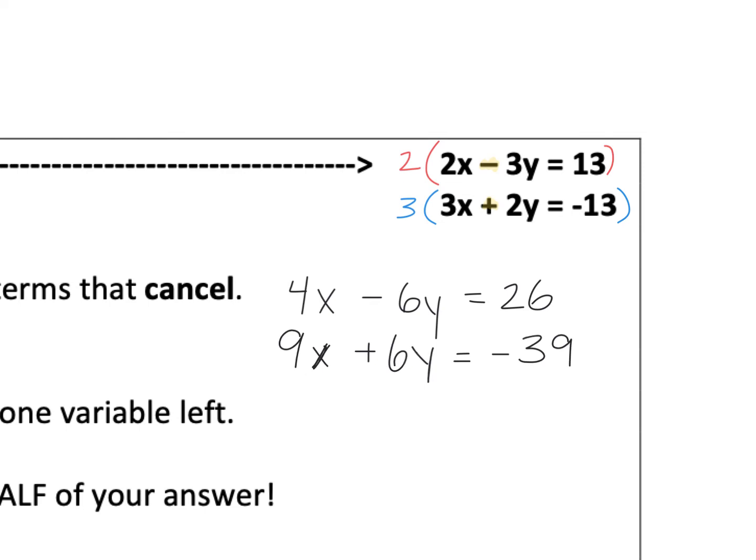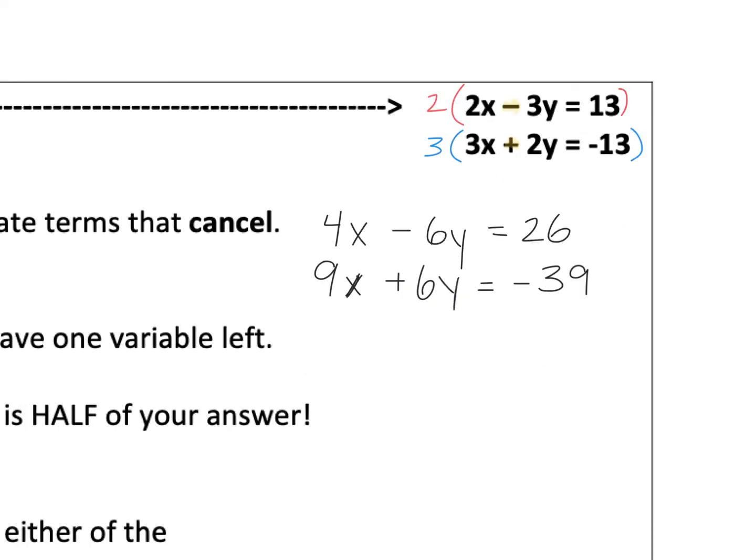So I multiply the top equation, and if I add up these two equations now, what happens to my y's? Yeah, they disappear because negative 6y plus 6y is 0.